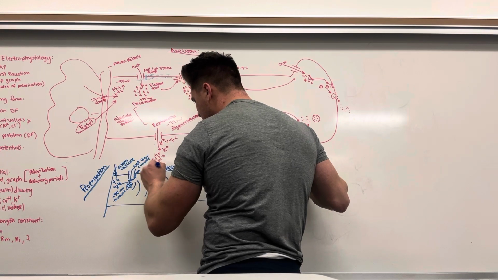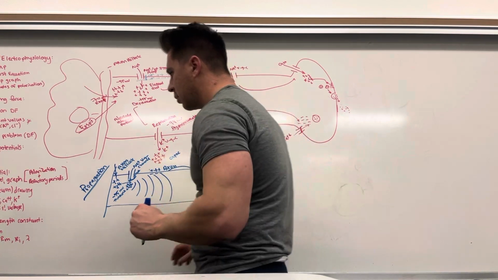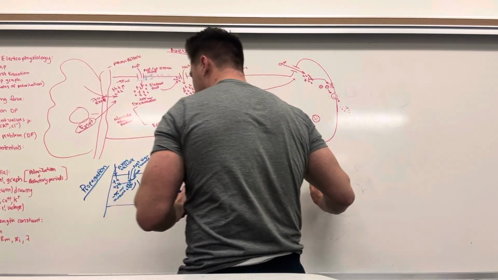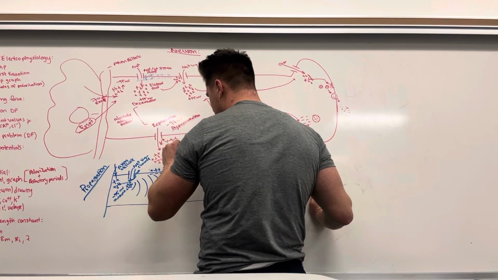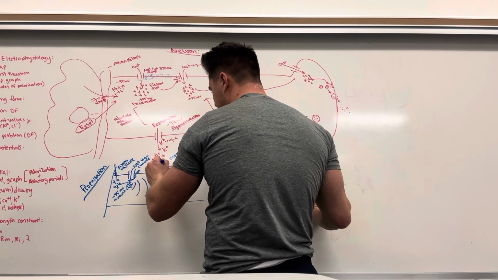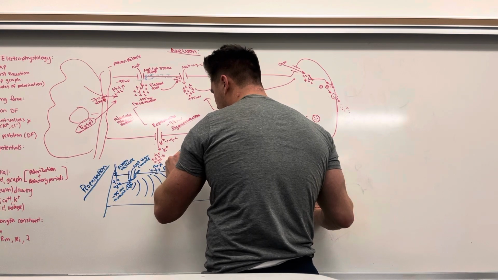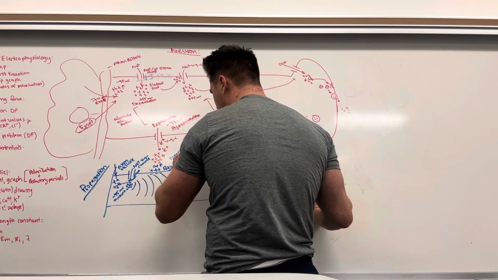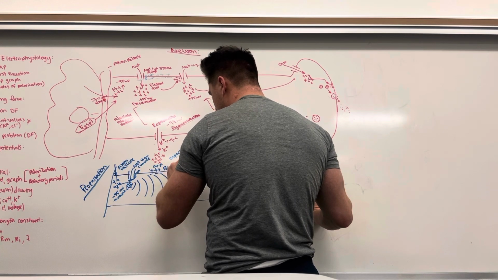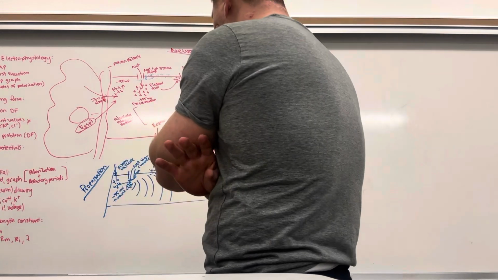We have this separation of charge, and separation of charge is known as capacitance. And so we see in the unmyelinated areas, capacitance is high. But in the myelinated areas, capacitance is low. And we have less charges separated because their feel for each other is at a greater distance.